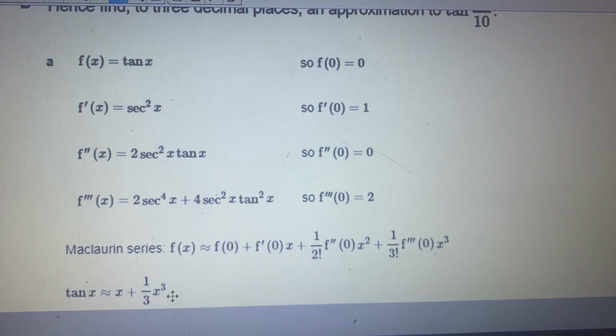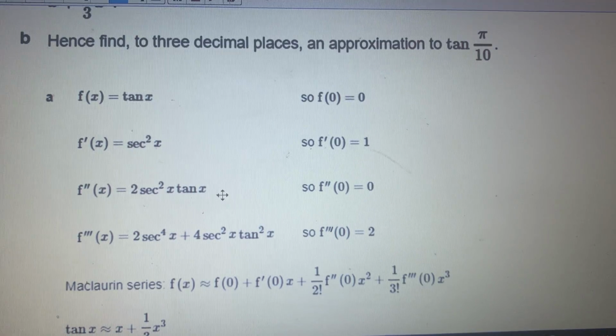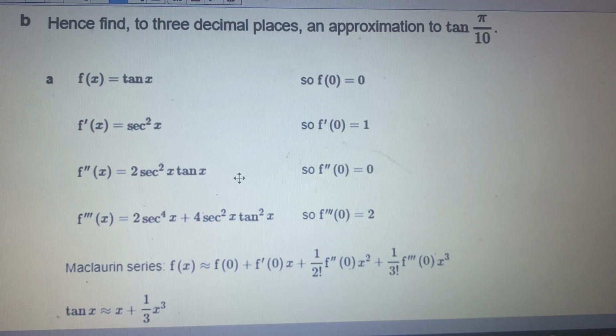Okay, so you do get 0 f dashed, that's 1x, 0x squared, and then you've got your 2 over 3 factorial. 2 over 3 factorial is going to be 2 over 6, which is a third x cubed. Right, hence find to 3 decimal places an approximation for tan of pi over 10.